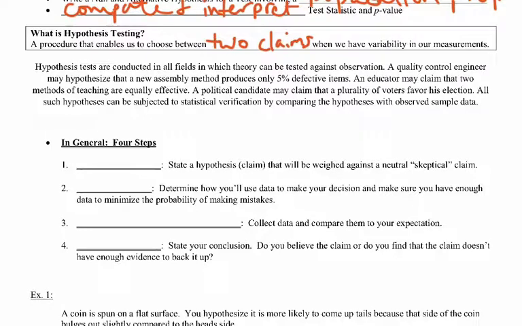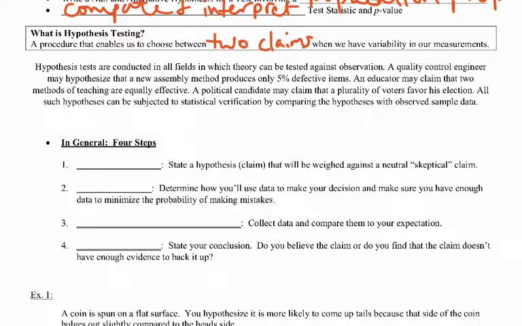So in this class, we're going to look at a specific way of hypothesis testing with a proportion, but it can extend to other areas and other fields of research. If you're a psychology major, a political science major, anytime you ever do any kind of research down the road, there's a good chance it's going to involve hypothesis testing. So some general examples here. A quality control engineer may hypothesize that a new assembly method produces only 5% defective items.